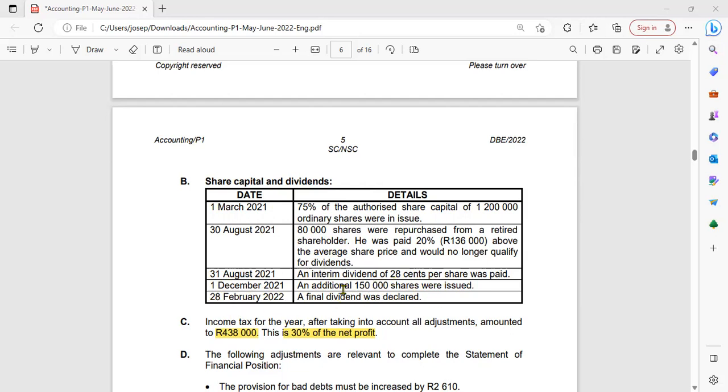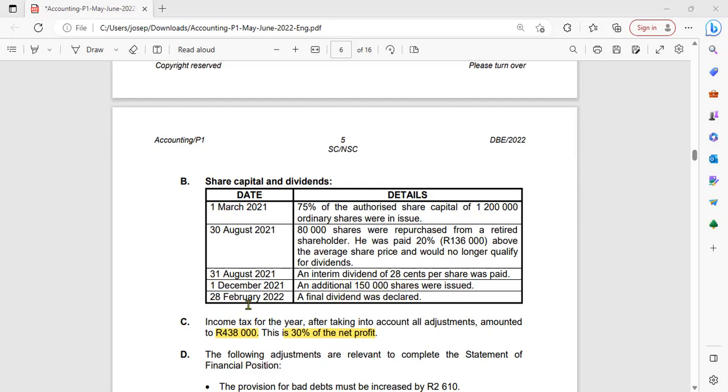So here they did not give us the share price for these shares, right? So it means that we are going to do some calculations to find how much is the share price and how much is the total cost for these shares.